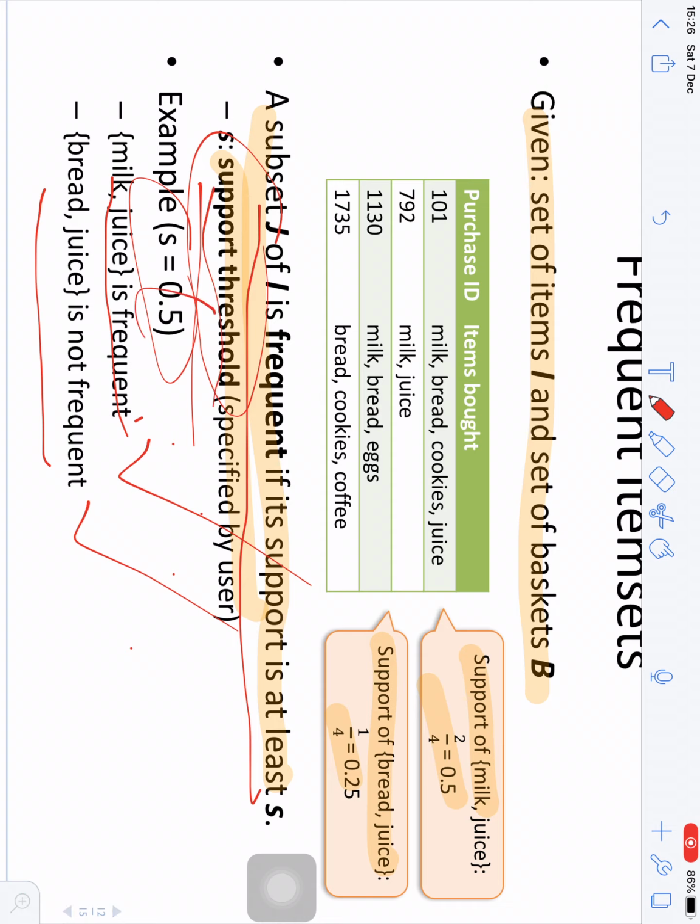For example, if the threshold is 0.5 and the support is greater than or equal to 0.5, then the itemset is frequent, and if it is less, it is not frequent. So milk and juice are frequent, and bread and juice are not frequent.